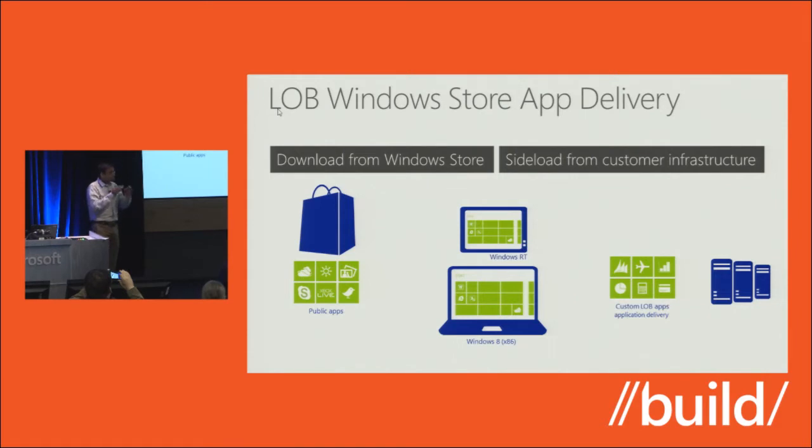So essentially, for your business applications, there are two choices. Number one, let's go through the store. You know the store model, just like consumer apps, there is a category called business, where you as an ISV can upload the app there, and then can work with your enterprise organizations and say that the app is available in the store. These are the credentials specific to your organization and for your employees.